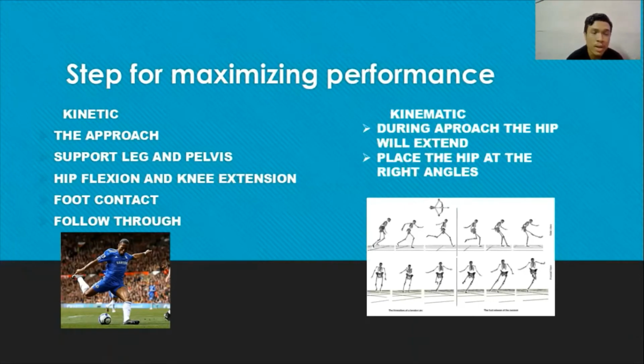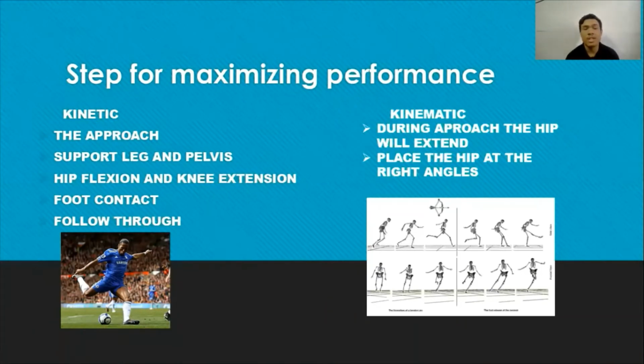Next is support leg and pelvis. For your information, the support leg is your non-shooting foot. For example, if you shoot with your right leg, the left leg supports at the ground, so you can swing more and shoot faster.